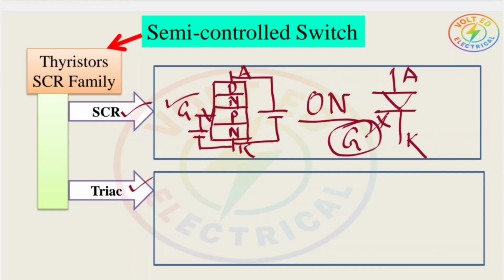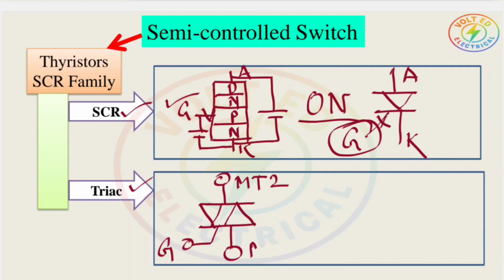Okay, now move to the TRIAC. First draw the symbol. It looks similar to the diode symbol, the only difference is that there is a third terminal. So this looks like a TRIAC, but there is a third terminal, that is the gate. So here gate is there, MT2, MT1. This is the symbol of a TRIAC.